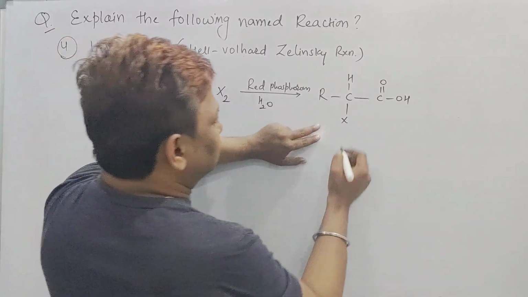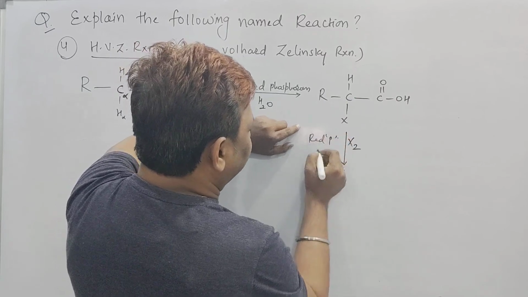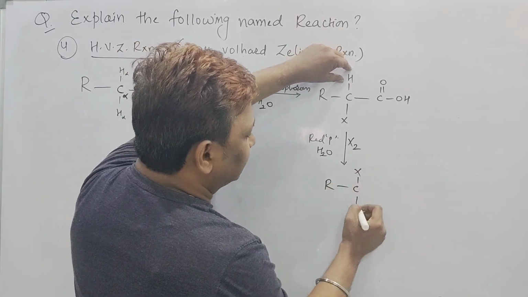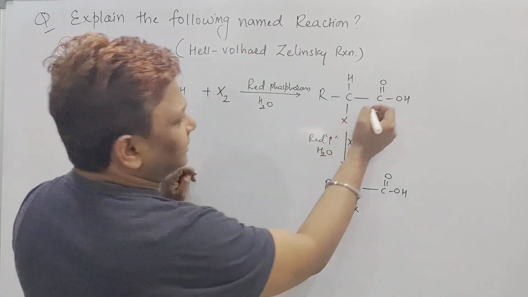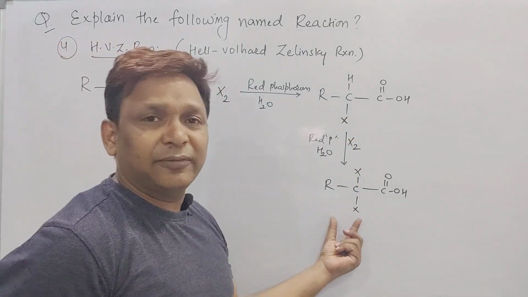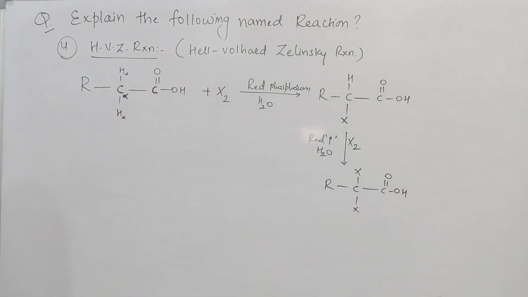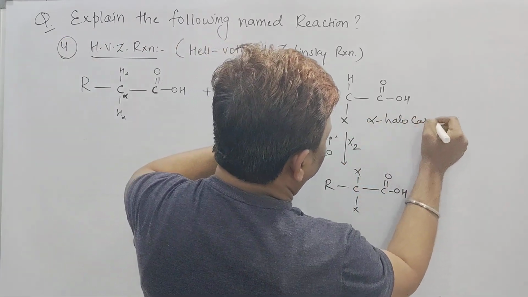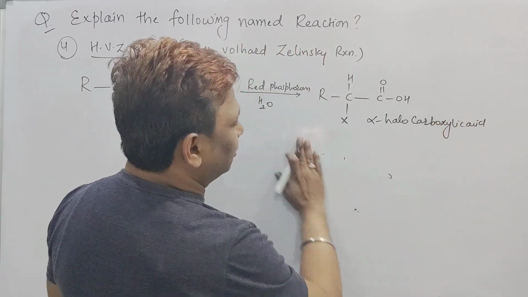So at present we got this, and if we proceed further with the same halogen in presence of red phosphorus followed by hydrolysis, this alpha hydrogen is also replaced with a halogen. Here, alpha, alpha dihalogenated carboxylic acid. How to write the statement beta here? It is forming here as an alpha halo carboxylic acid. Enough, this is enough. We should not move further beta.